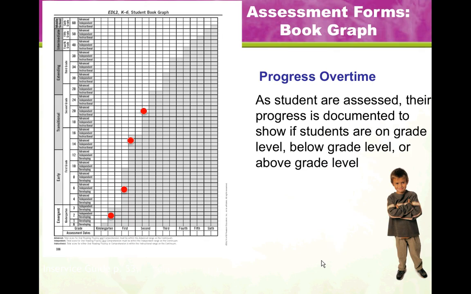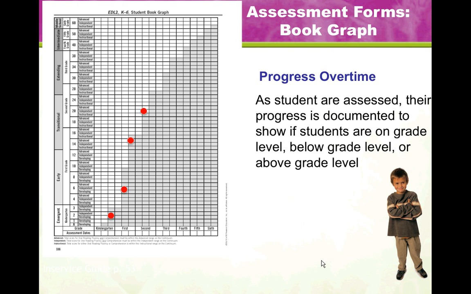You've also got a student book graph that will monitor where the child falls every time you use the assessment tool. This is very helpful over time, especially if you have at-risk kids and you need to show where their progression is going and if it's moving at an adequate pace.